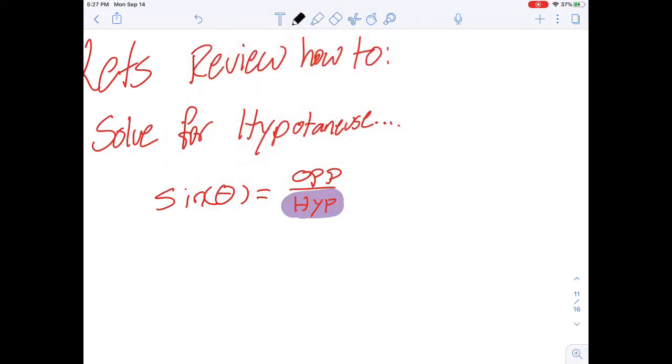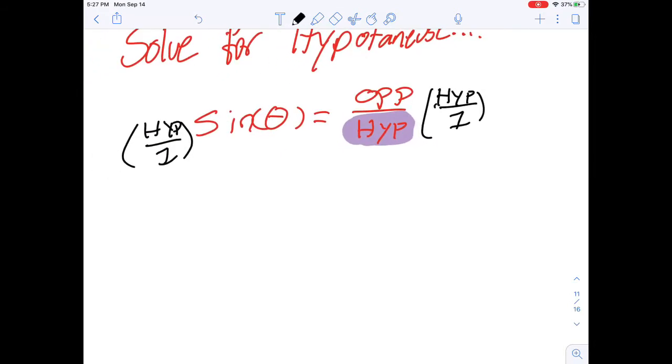How do I do that? I'm going to multiply both sides by hypotenuse over 1, because remember, what you do to one side, you do to the other. Then that cancels out hypotenuse on this side because the same thing dividing each other just equals 1. And on our left-hand side, you'll get hypotenuse multiplying sine angle, and that equals opposite.